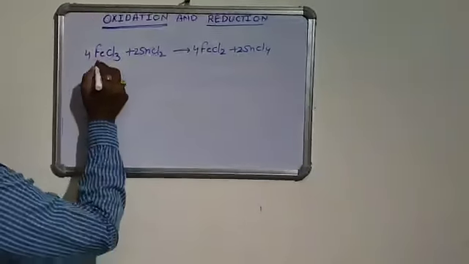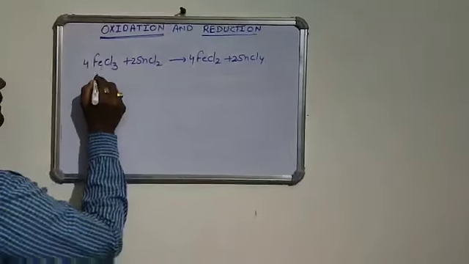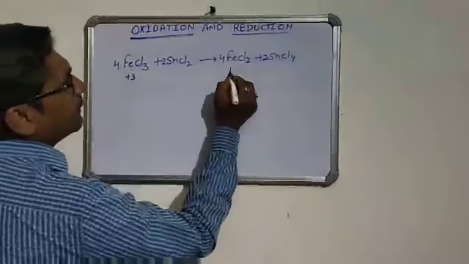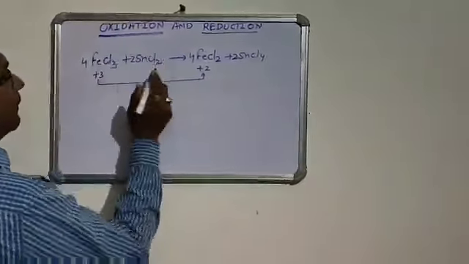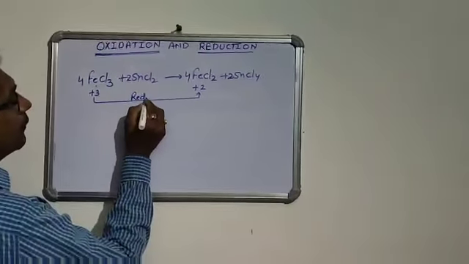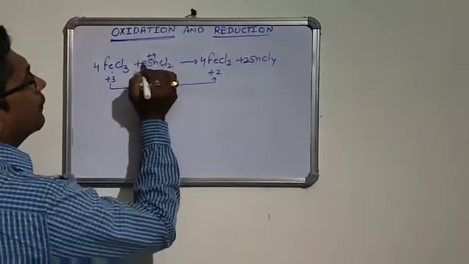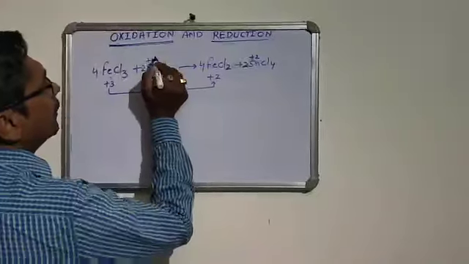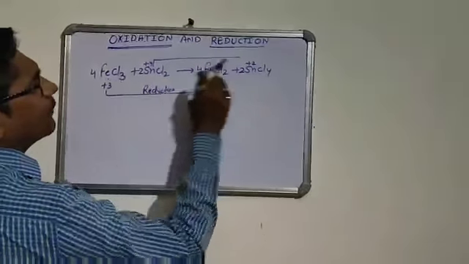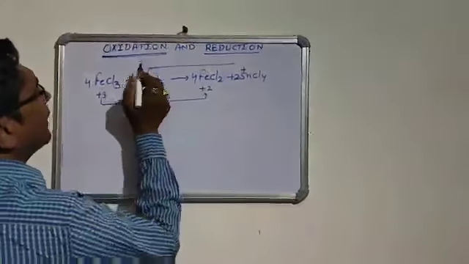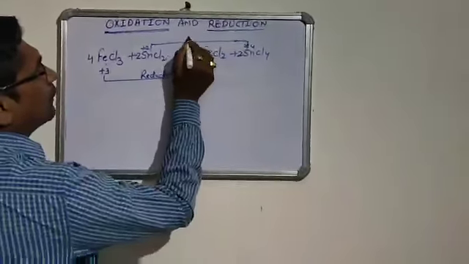In this example, FeCl3, here the valence of Fe is plus 3 and here the valence of Fe is plus 2. So this is the reduction. And here Sn valence is plus 2 and in this case the valence is plus 4. So it is called oxidation.